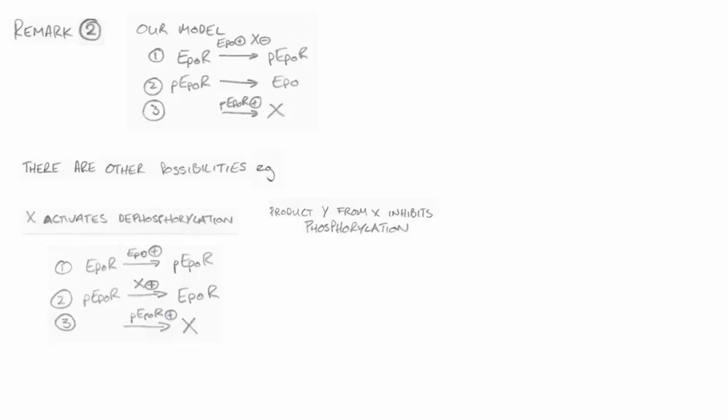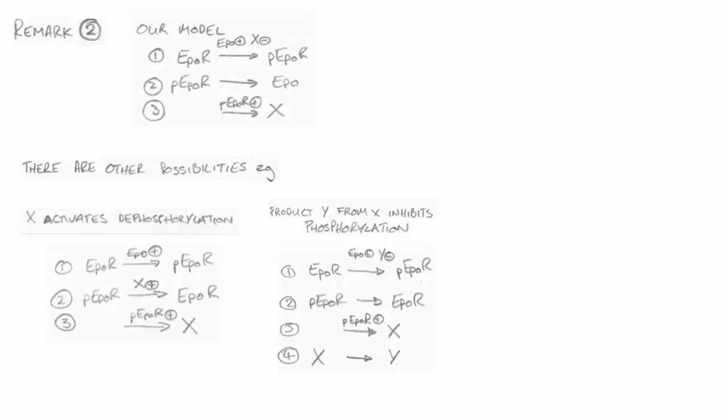It might be that instead of product X inhibiting phosphorylation, product X activates or converts into species Y, and it's species Y that has the inhibiting effect. So in this case we have an extra process, X generates Y, and then Y is the inhibitor.